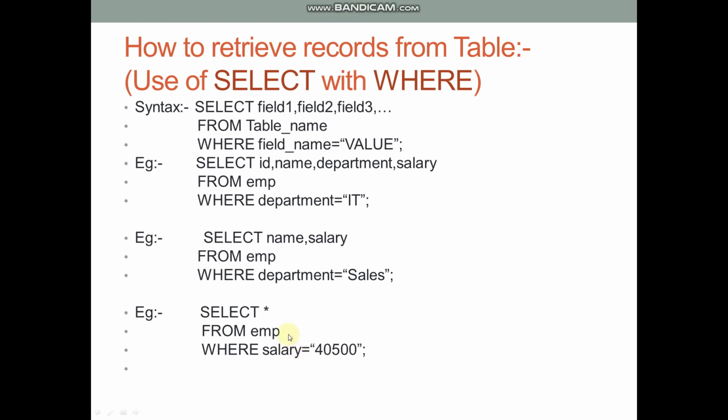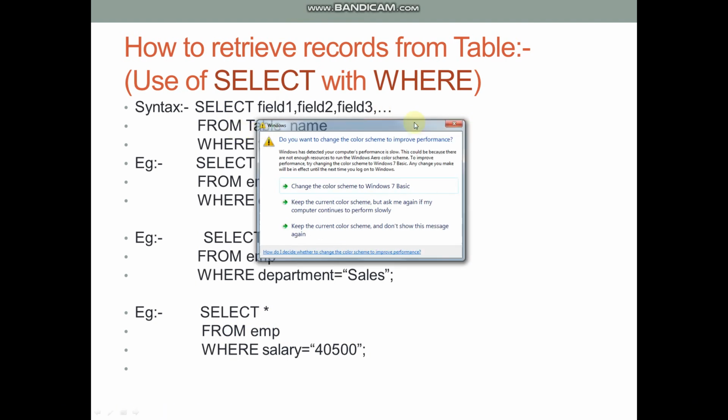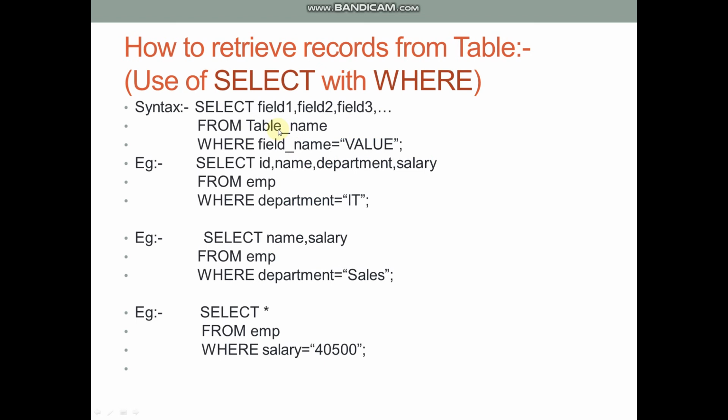So basically the select clause, from clause and where clause have the following purpose. I'm repeating: the select clause is used to identify which column or field you want to display. The from clause is used to specify from which table we need these fields, and the where clause is used to identify which condition should be satisfied.